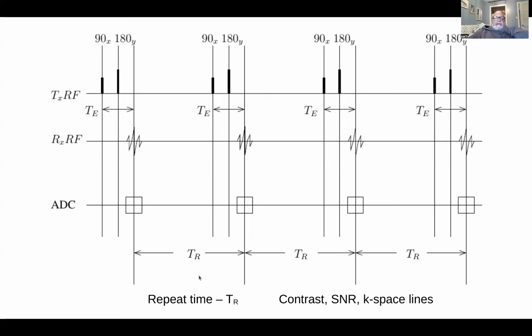And we repeat the sequence for these three reasons, actually. One is to get a T1 contrast by changing TR. Another one is to repeat the sequence without changing any parameters and then average things together.